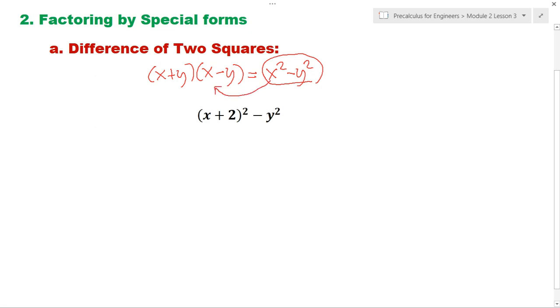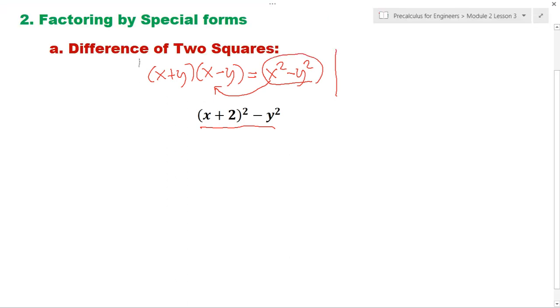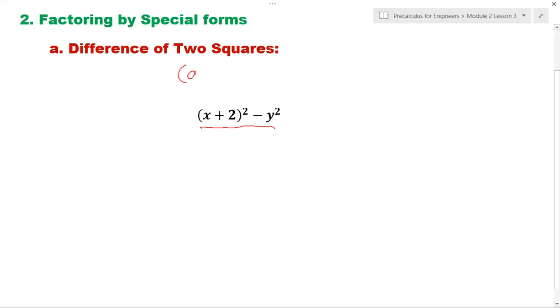So let's apply it here in our example. So that you won't get confused, I will represent it with other variables. Let's say we have a plus b times a minus b. Then this is equal to a squared minus b squared.